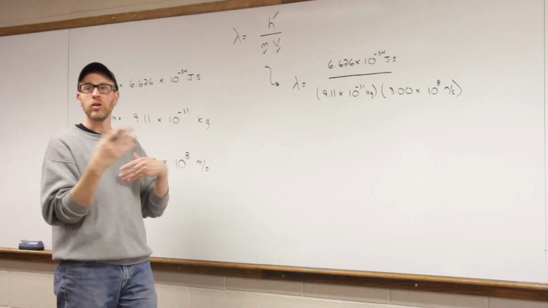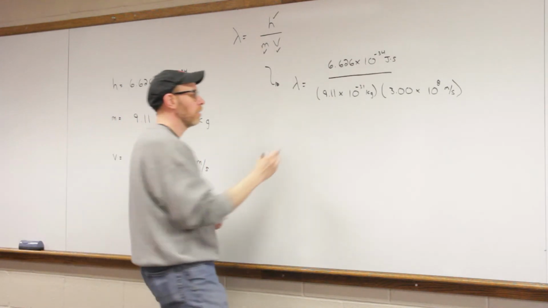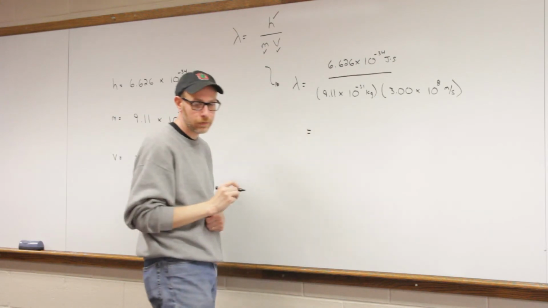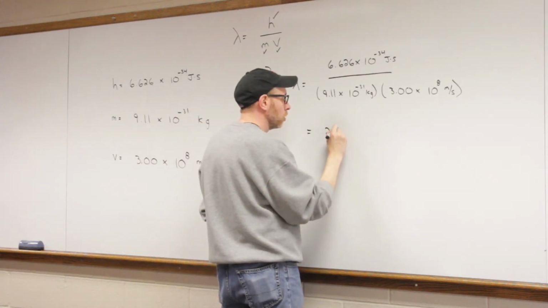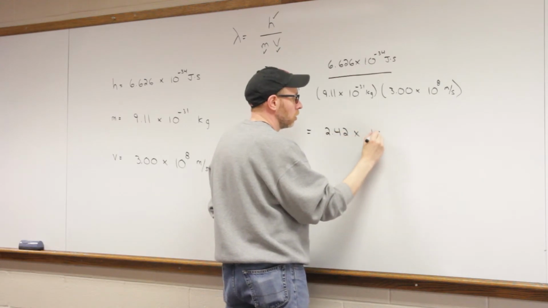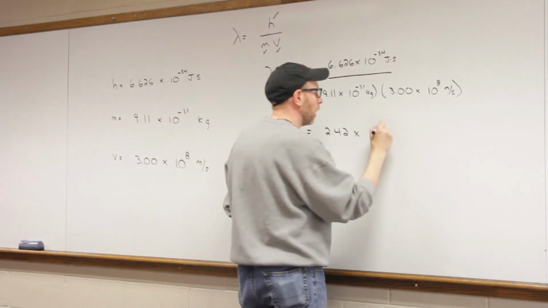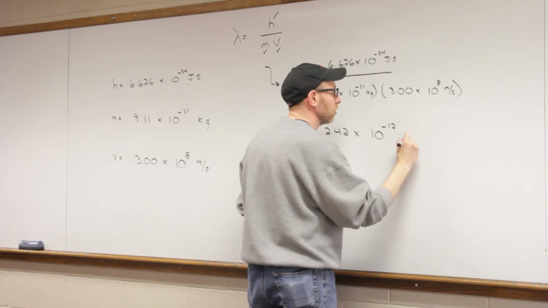You just do the multiplication and division right in the calculator, and you end up with a wavelength of 2.42 times 10 to the minus 12 meters.